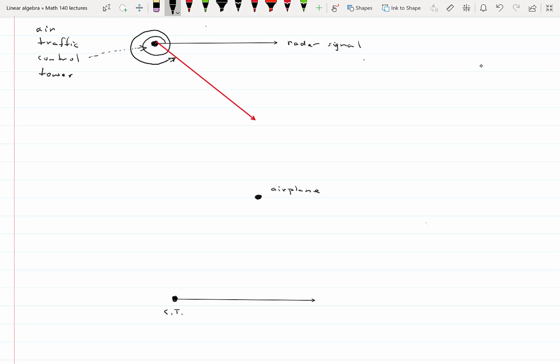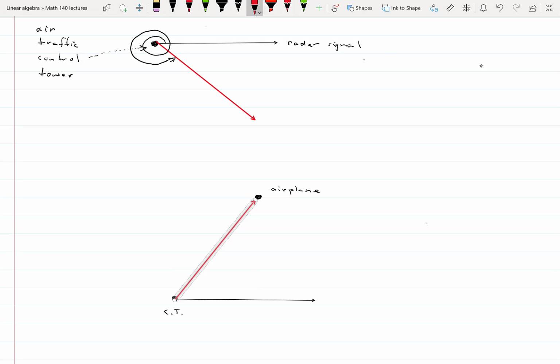Okay, so the control tower sends out the signal, and what's going to happen is the signal, when it's sent out, will bounce off the airplane and reflect back to the control tower.